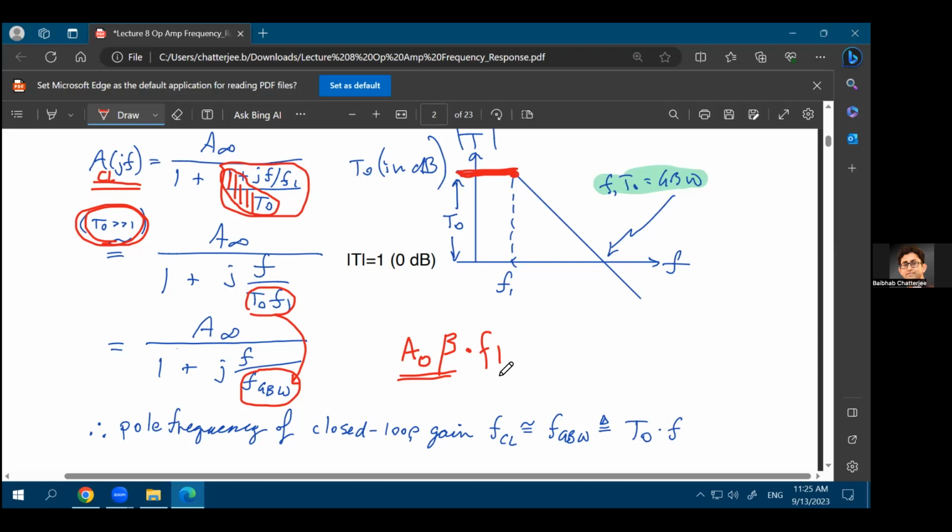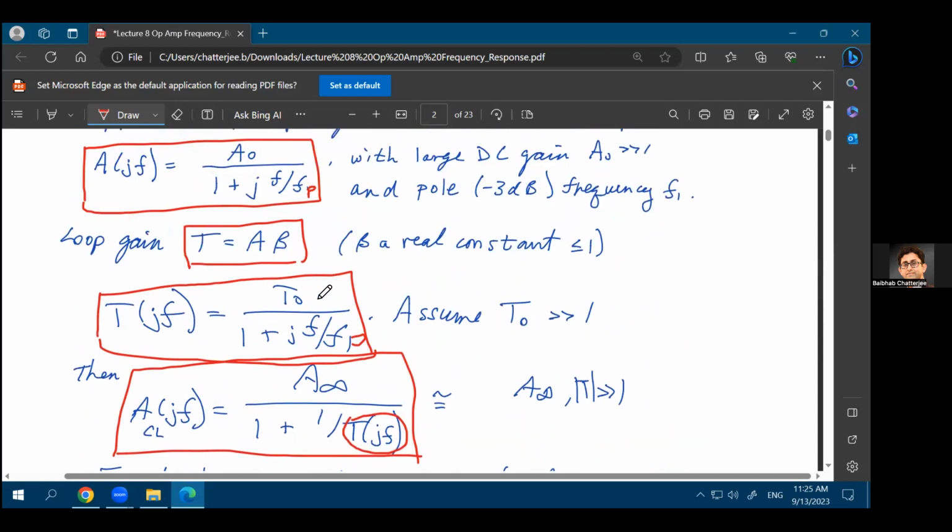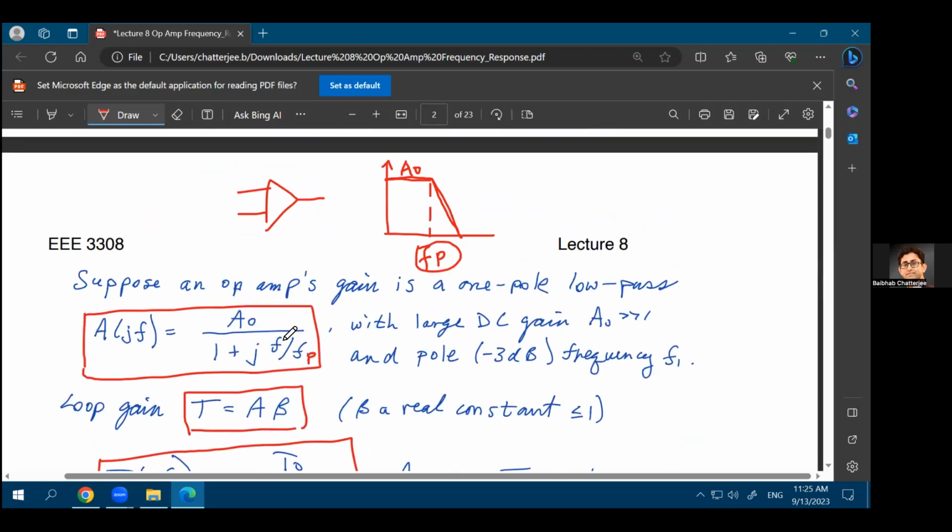So just keep this in a clear mind: which quantity we are talking about in open loop and which quantity we are talking about in closed loop. In open loop, we are only talking about the op-amp, and it has a response that looks like this.